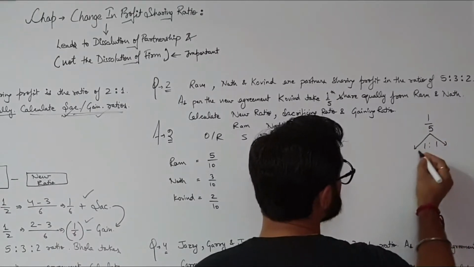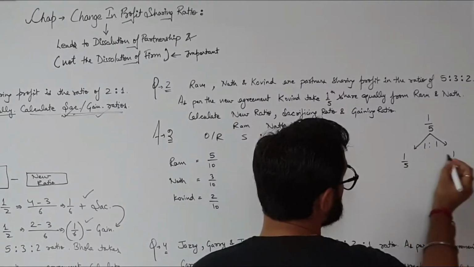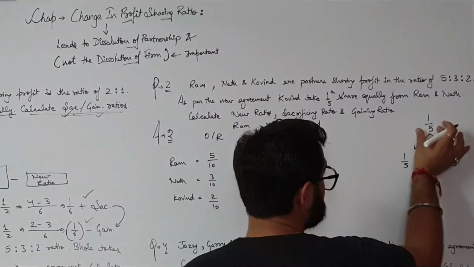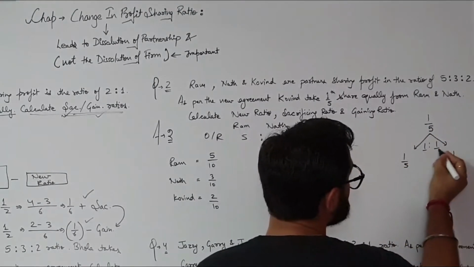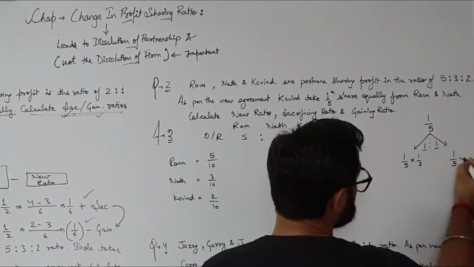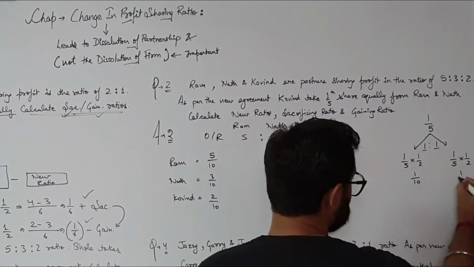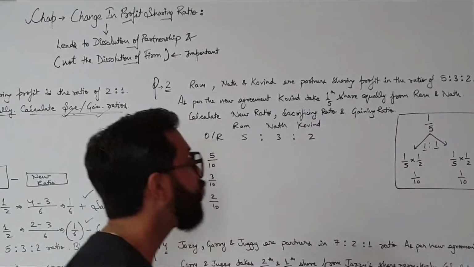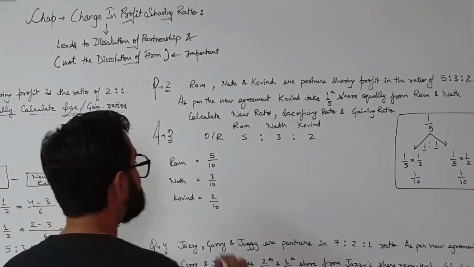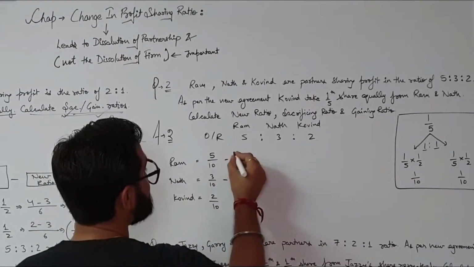So 1/5 has to be divided on both sides equally, therefore 1/2 and 1/2. 1 plus 1 is 2. So 1/10 and 1/10. Means to say Govind will take 1/10 from Nath and 1/10 from Ram.